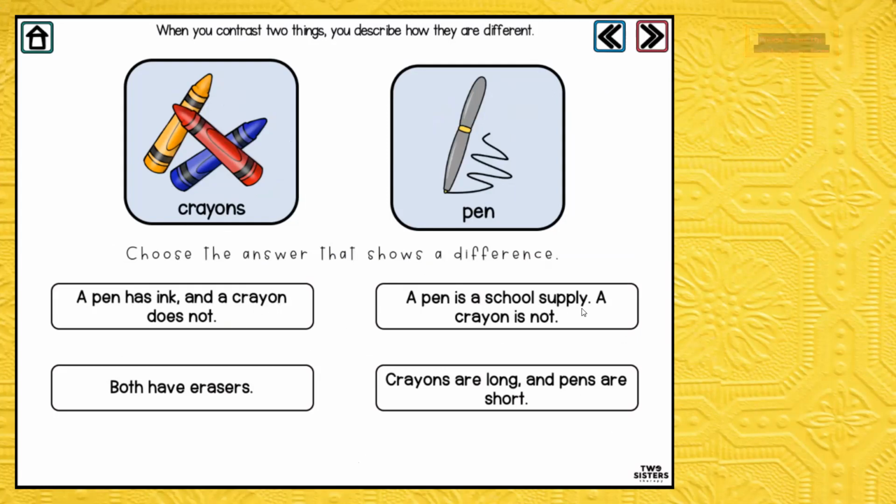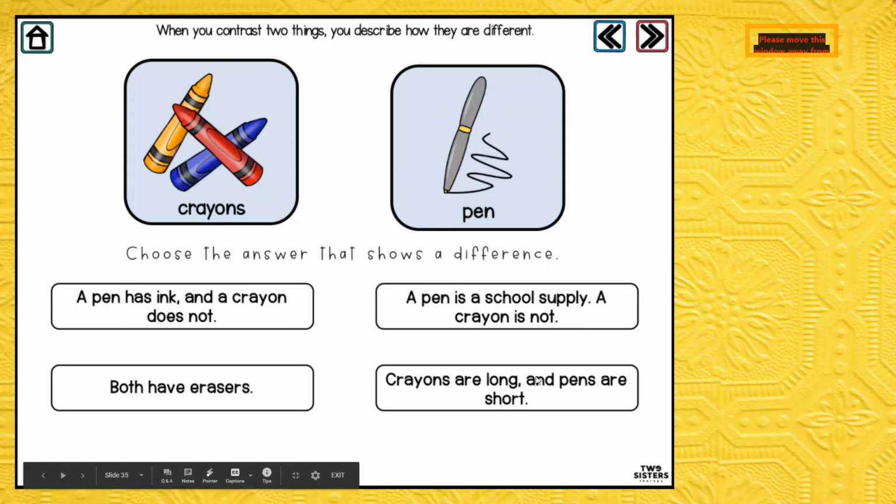A pen is school supplies and crayons is not. Both have erasers, or crayons are long and pens are short. Good. Yes, this is the answer because a pen has ink. Crayons do not have ink. That is what's different.